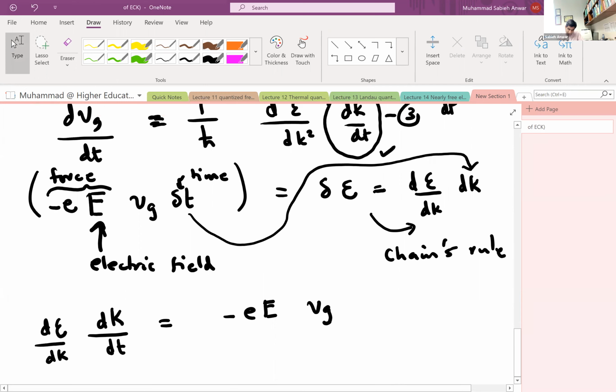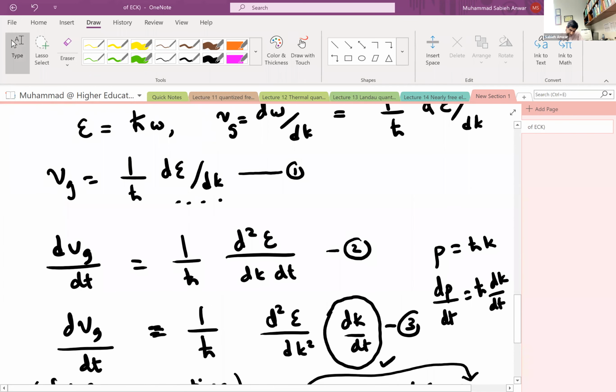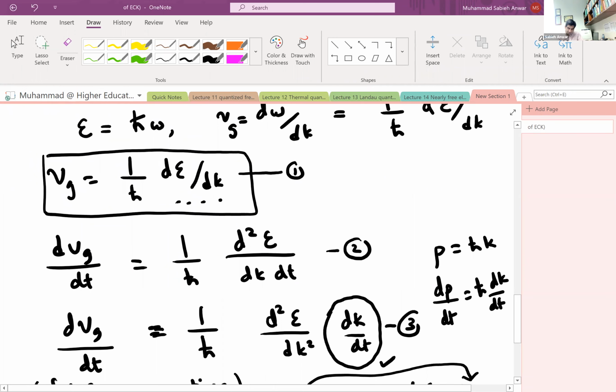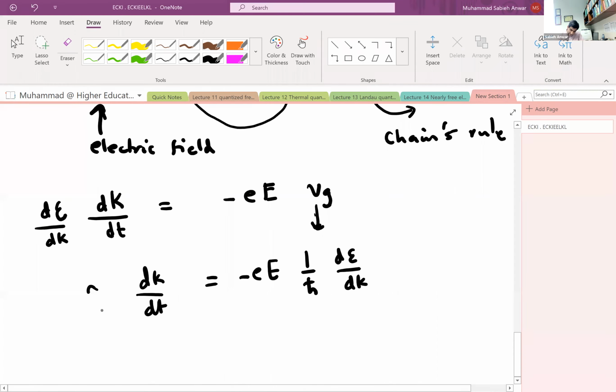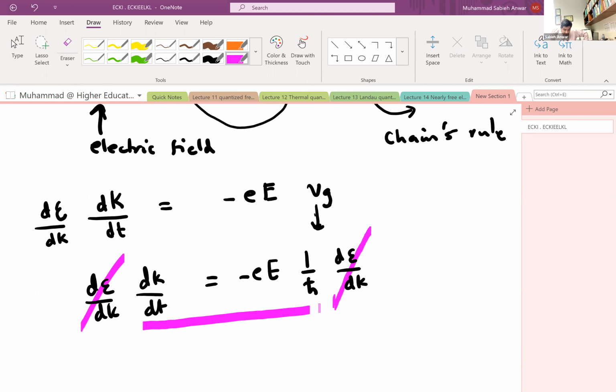Now let's look at an earlier equation. I know that Vg is given by 1 over h bar dE by dk. So I just replace this Vg by 1 over h bar dE by dk, times minus E. This is dk by dt, and the dE by dk I can just cancel out from both sides. And this term here is nothing but Newton's law. So we're treating electrons like classical billiard balls. The change in the momentum, where h bar k is the momentum of an electron, is equal to minus E.